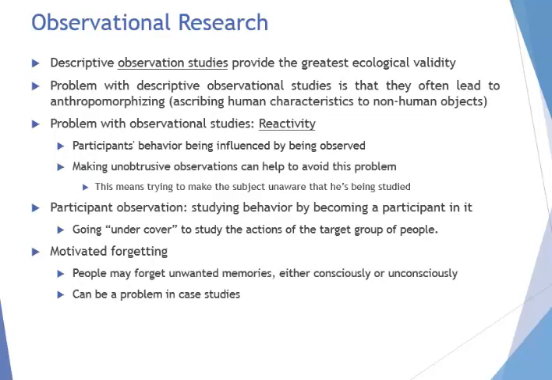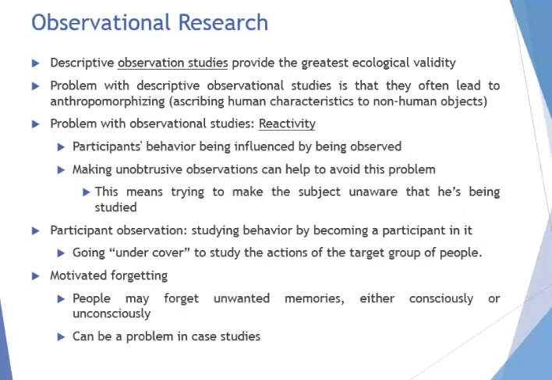Then there's observational research, which is studying people, or whatever the subjects of your studies are, just by observing. These provide excellent ecological validity because you're observing real life behavior.